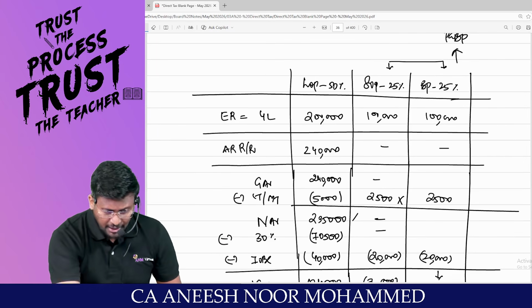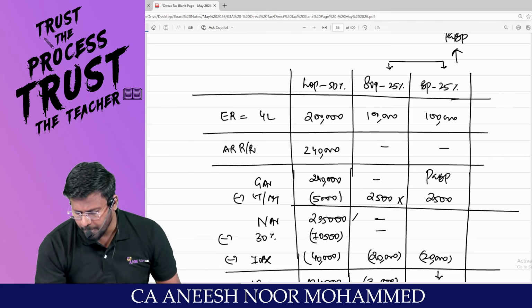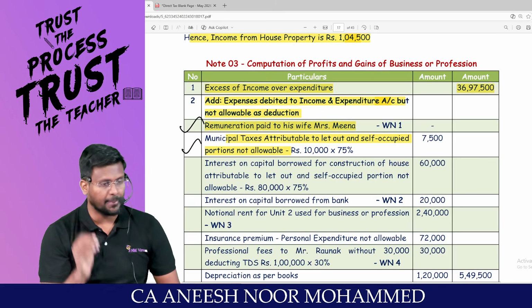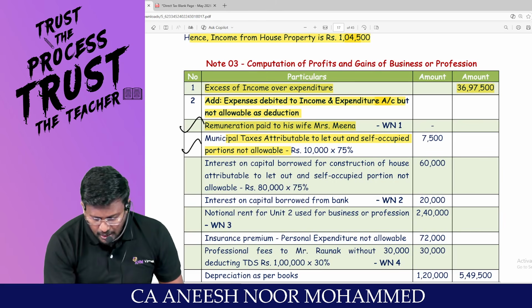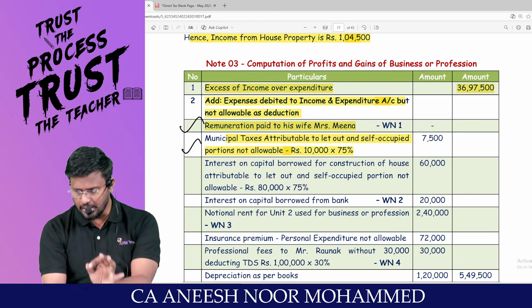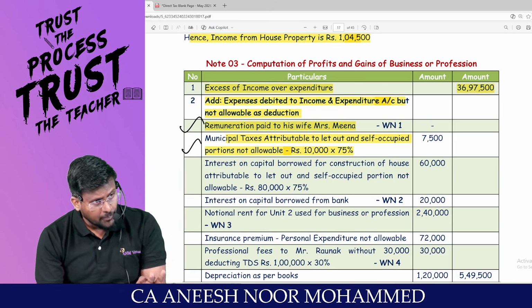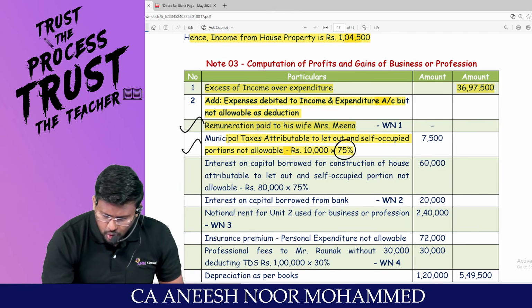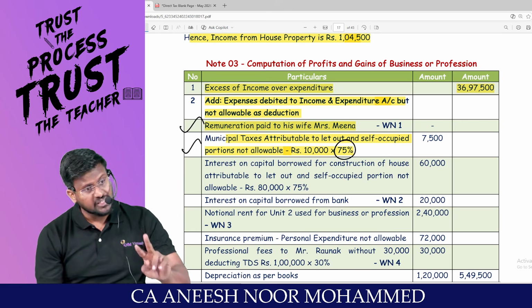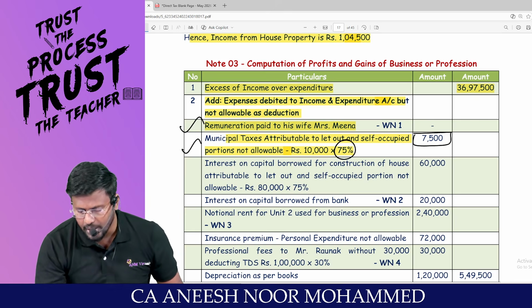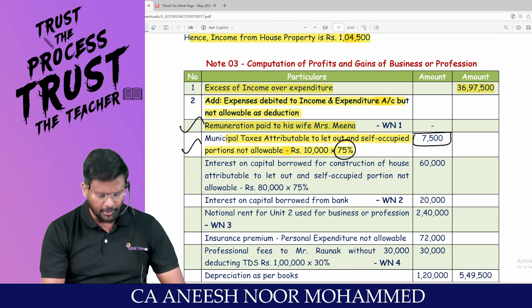For this 25%, PGBP provisions will be applicable. Am I right? So 10,000 rupees has been debited. Out of this 10,000, 50% is for let out, 25% is for self-occupied. So 75% should be disallowed. Remaining 25% is allowed. So 7,500 we are adding back. Super point. Are you all really with me?